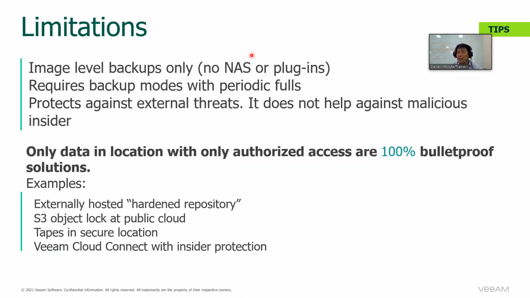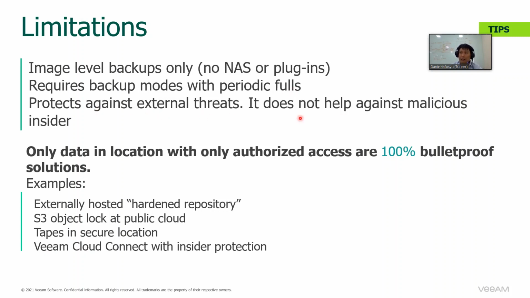But they do not support NAS backup data or plugin data, such as the Oracle RMAN plugin. Those plugins are not supported to use the immutable Linux repository. The requirement will be backup mode together with periodic full. It will basically be forward incremental.